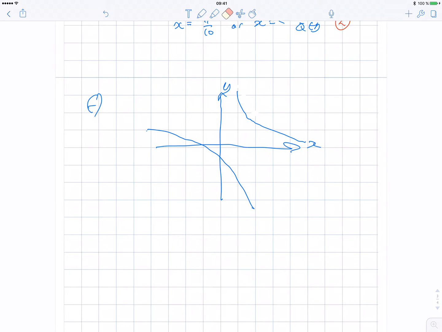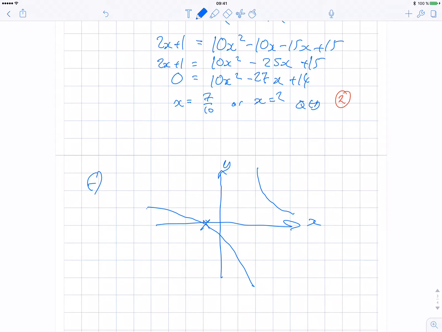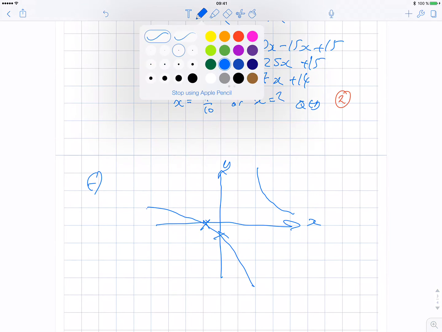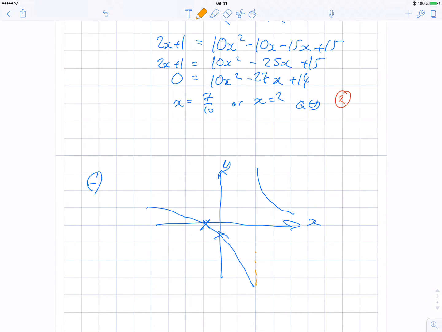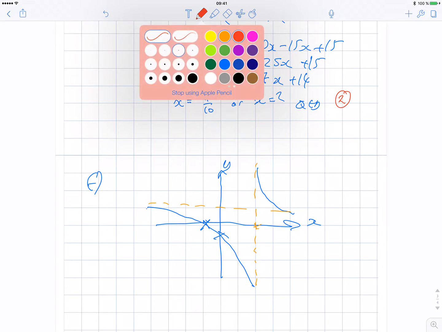That's not very good. Let's do it like this. Okay, we need to put in our coordinate points, so you'd state what that point is, you'd state what that point is, and you'd put the asymptotes in. So you need to know what that point there is as well. Okay, that's question 1 done.